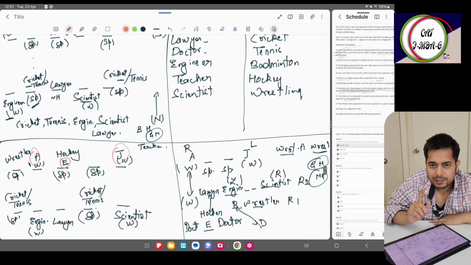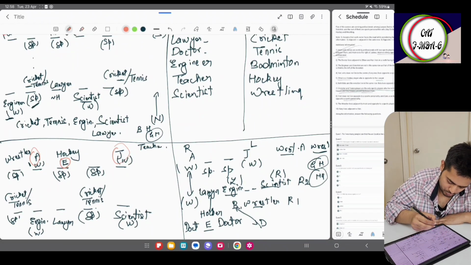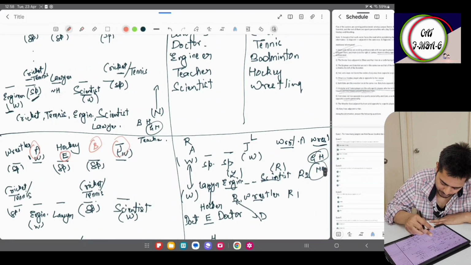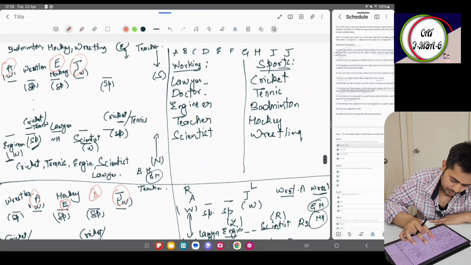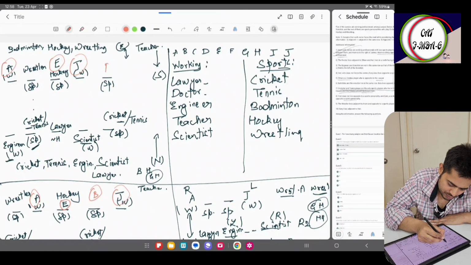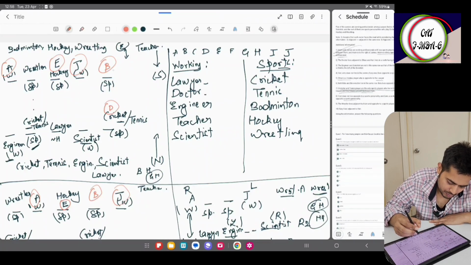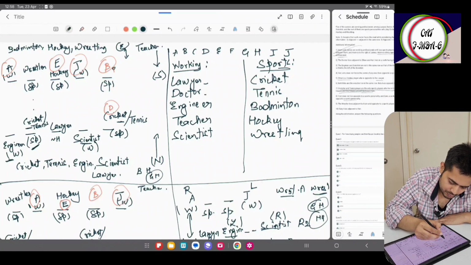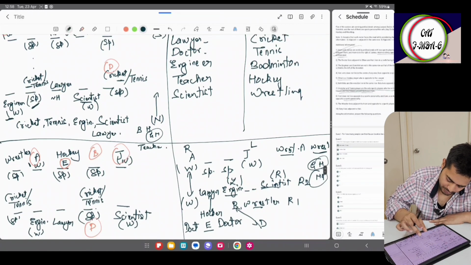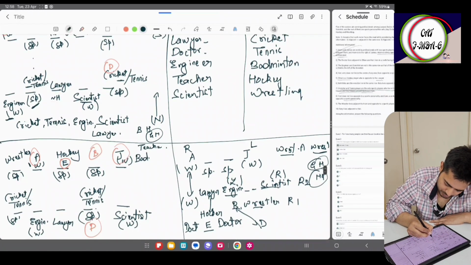And Balu and wrestler live on the same side. So only place left for Balu is B. B lives opposite to Don, so this is D. Similarly, only place for Balu is here B. B lives opposite to Don, so this is D. Okay. And obviously this has to be badminton. Similarly, this has to be badminton.